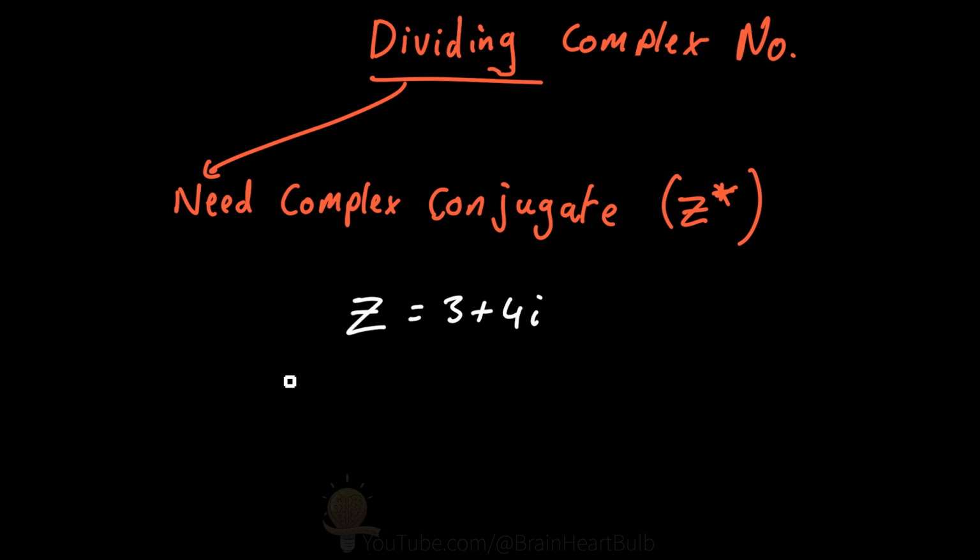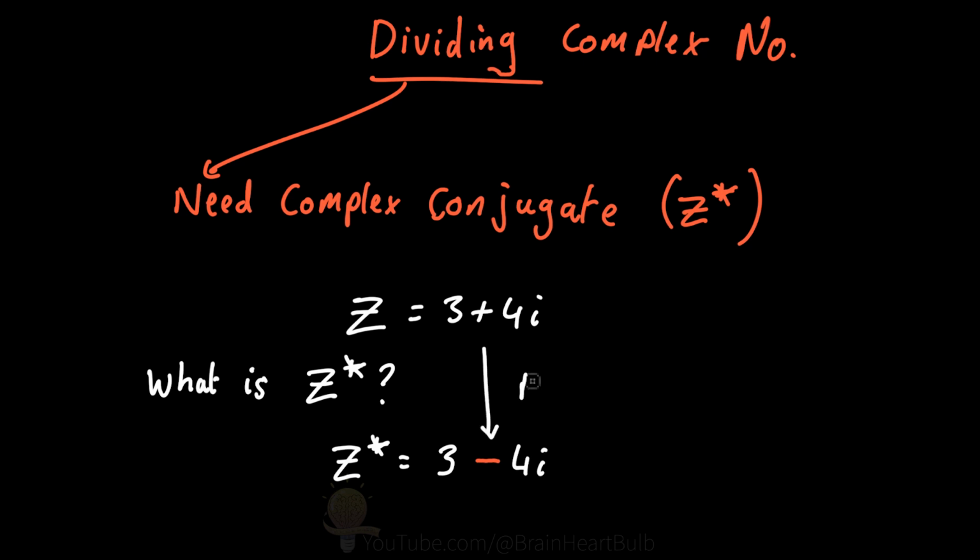We've got z equals 3 plus 4i. So if the complex conjugate of this complex number is simply the same number, but the sign of the imaginary part is flipped, what would the complex conjugate of this complex number be? So we get z star is equal to 3 minus 4i. And all we've done is flipped the sign of the imaginary part.